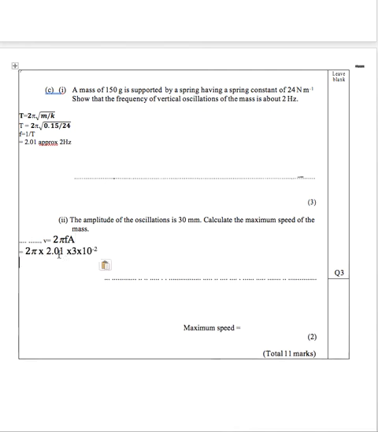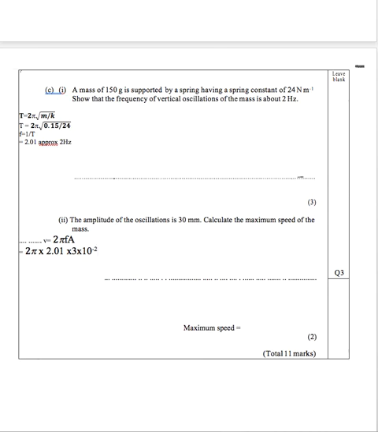I'm using the 2.01, but because it's 0.01, it's not going to make a difference to my answer to 2 sig figs. I could have just used the 2 and ended up with the same answer. But it's good practice to use the greater sig fig result and to round at the end, because very often it will make a difference.